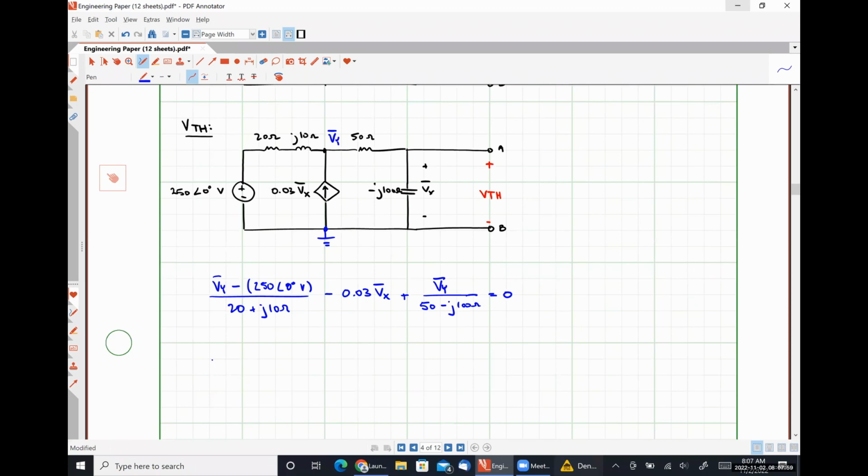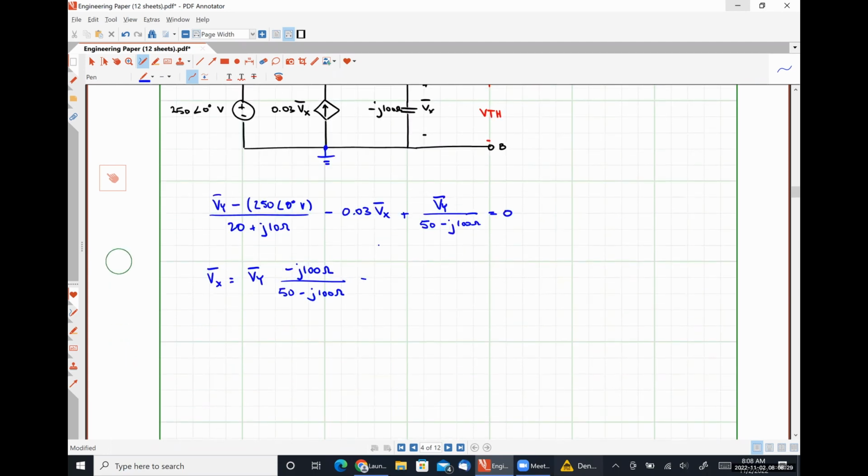Since Vx is simply Vy times minus j100 ohms over 50 minus j100 ohms, we can substitute that relationship in, and now we have everything in terms of a single variable.